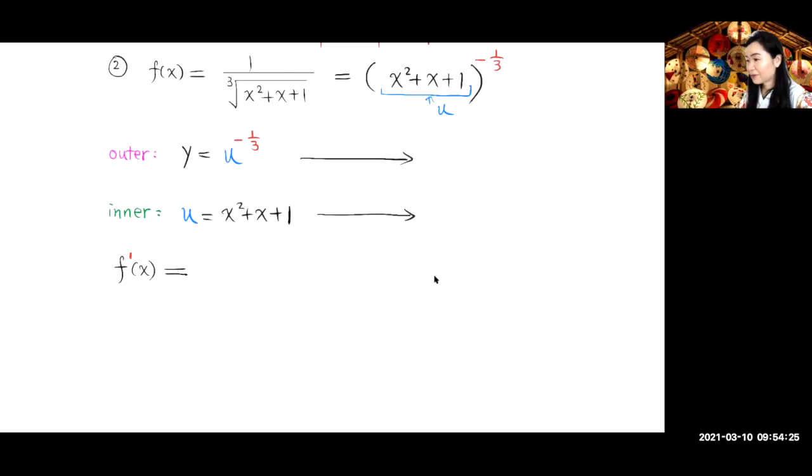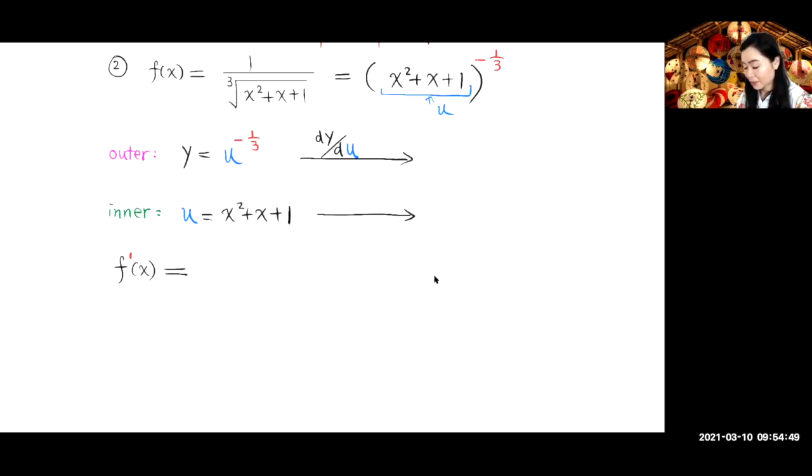Now you see I wrote down every step here. Actually, these two are thinking process. In the future, you can actually skip these 2 steps. Okay. So the derivative of this y with respect to u. What's the derivative of this outer function with respect to u? We're going to use what kind of rule?